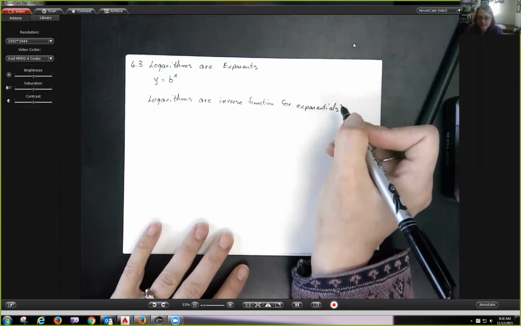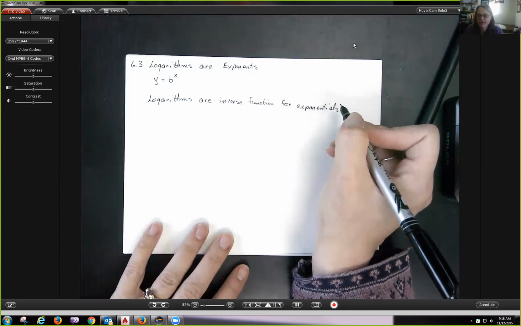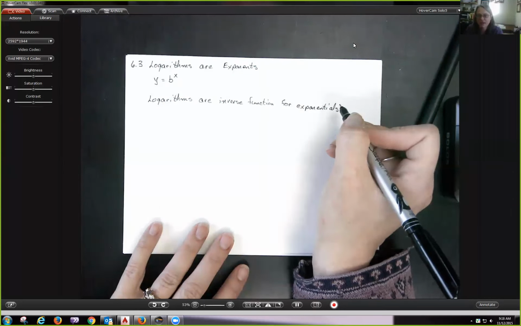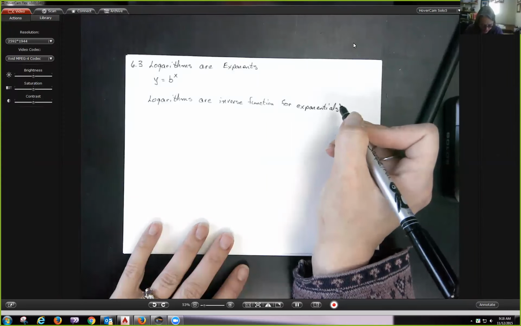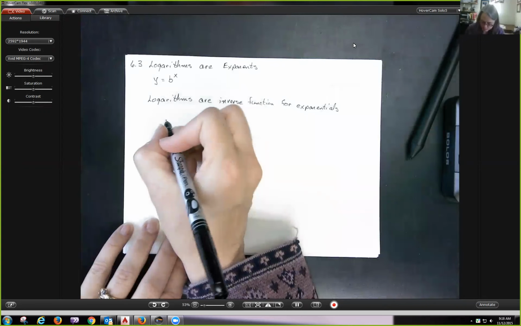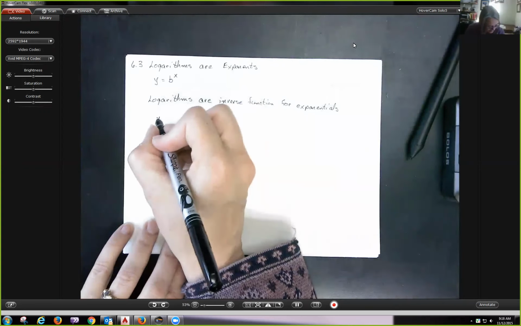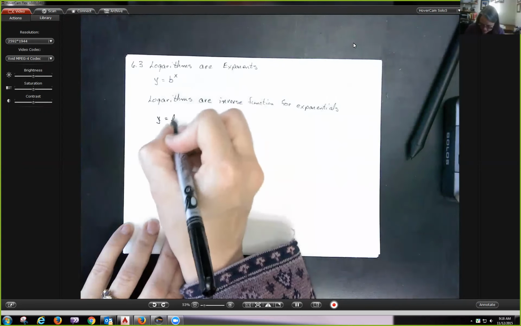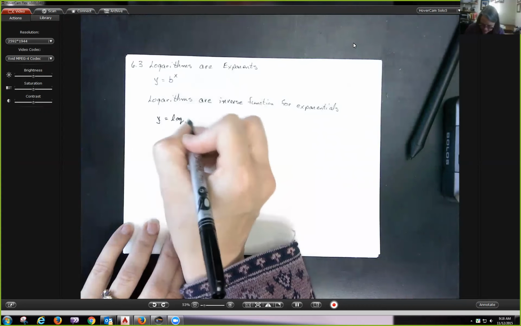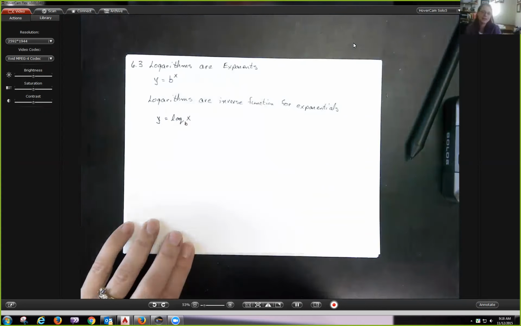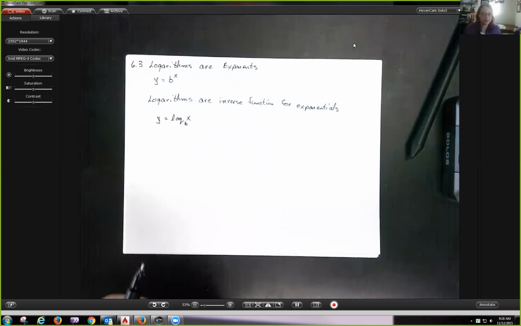It's a function just like a square root is a function, or just like squaring a variable is a function. So what we need to remember is when we see y equals log base b of x, I know that looks weird, probably because you might not have seen it before.